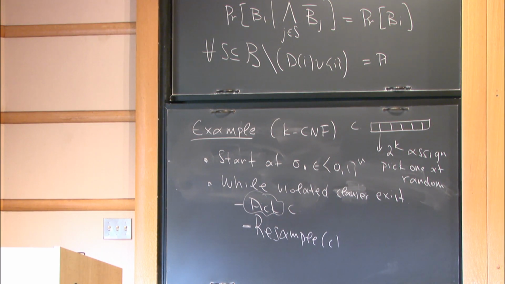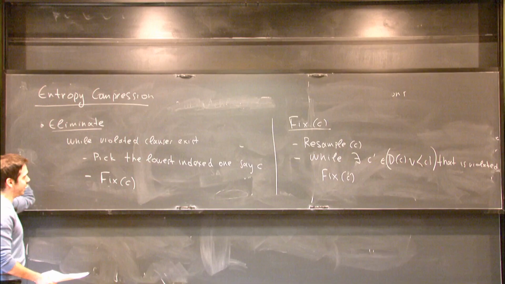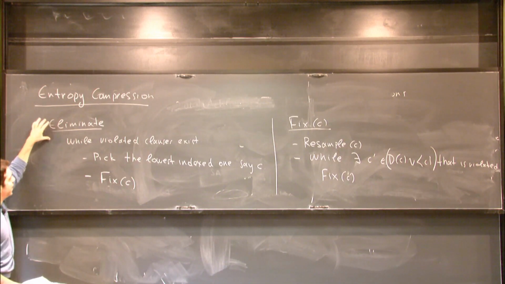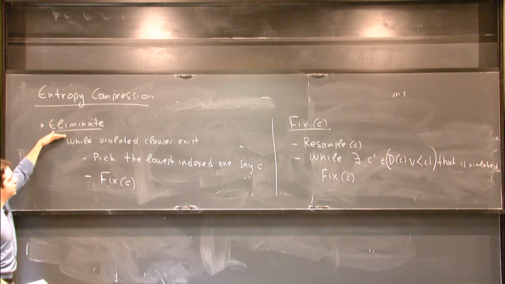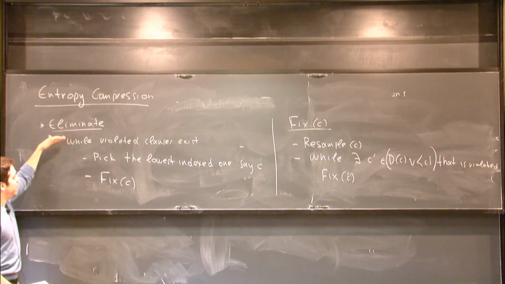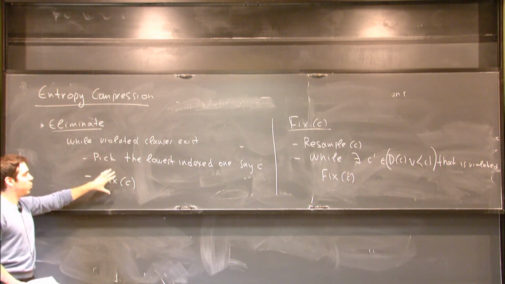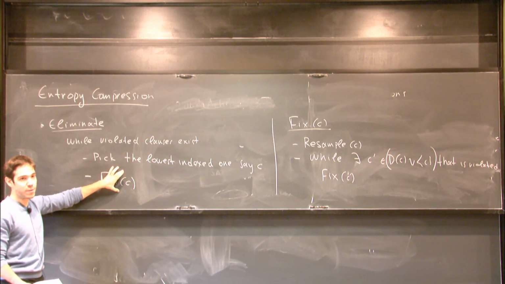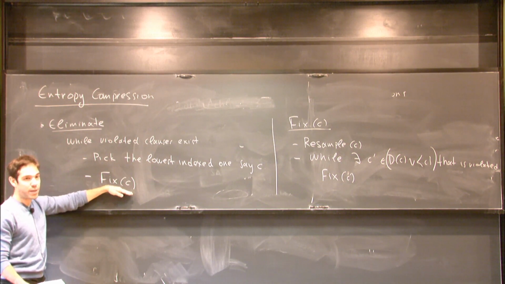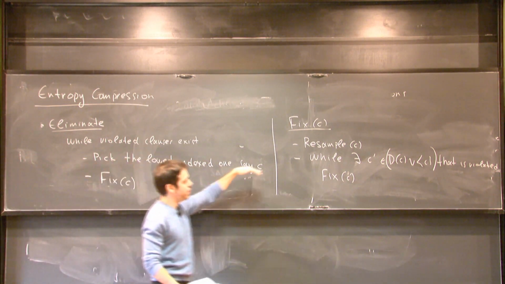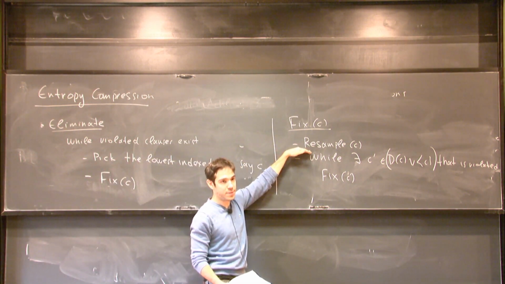OK, so what does the algorithm do? Now we will analyze this algorithm, which is basically an instantiation of this one. It has this global procedure called eliminate. While violated clauses exist, pick one, say the lowest index one. Once you pick a clause, you first resample it.